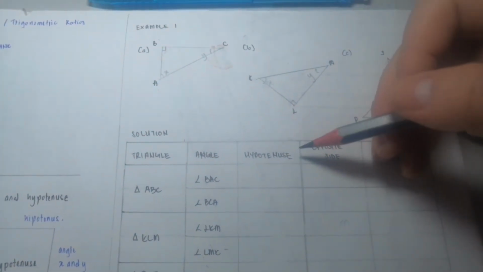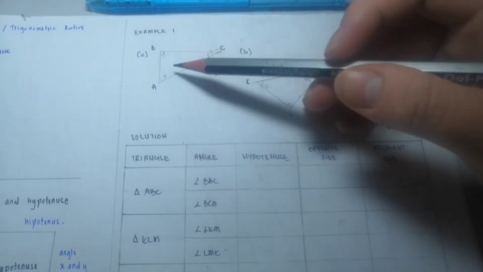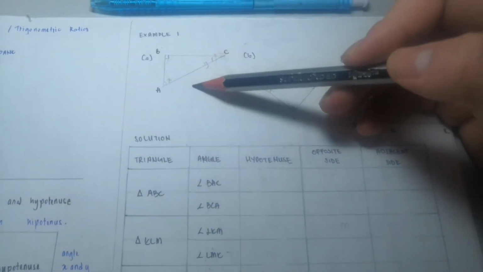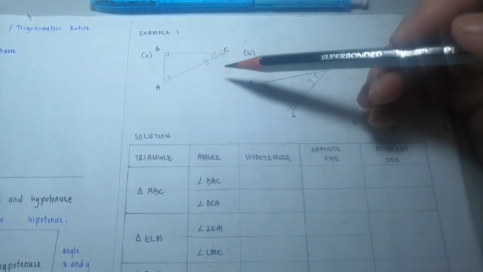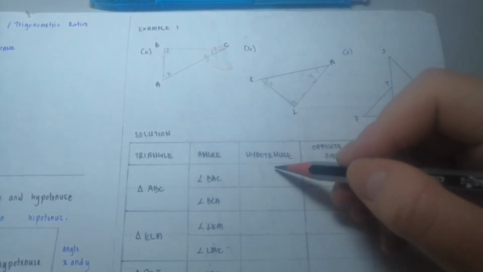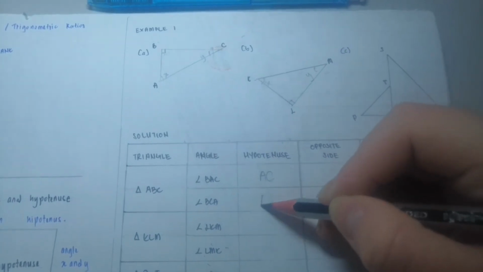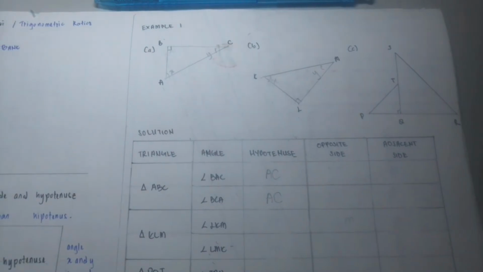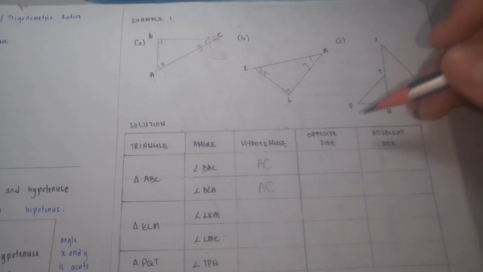The one thing that never changes is the hypotenuse. The hypotenuse is always the longest and always opposite the 90 degrees. So it's AC.